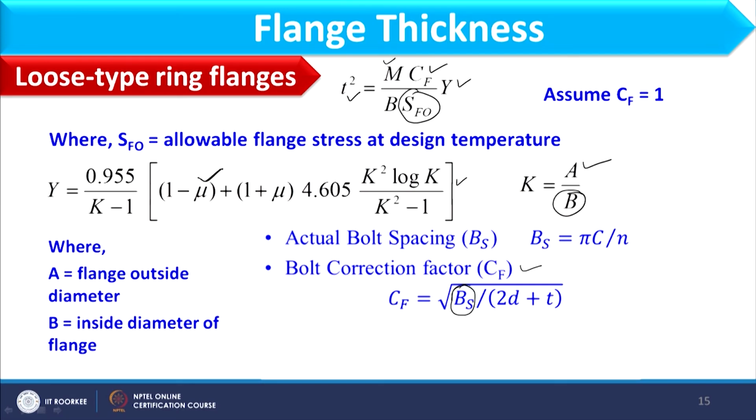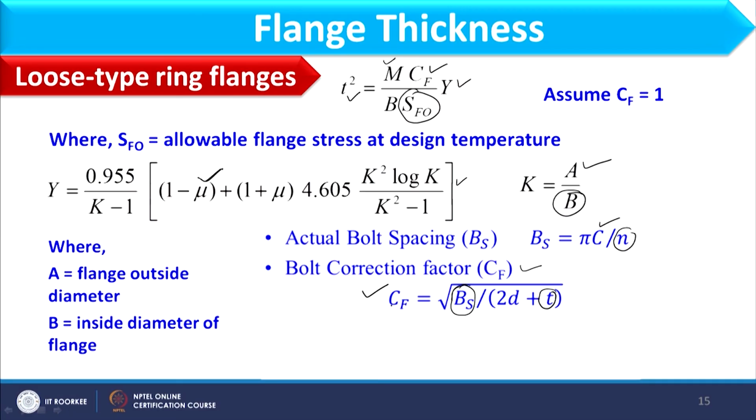Bs is basically the bolt spacing, which is given by pi C by n, where C is the bolt circle diameter which we have chosen corresponding to the optimum bolt, and n is the actual number of bolts. So Bs is divided by 2d, where d is the diameter of the bolt, and t is the thickness of this flange. Considering this flange, we will find the CF value.